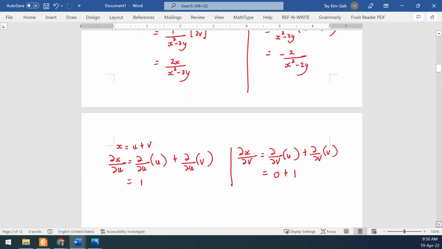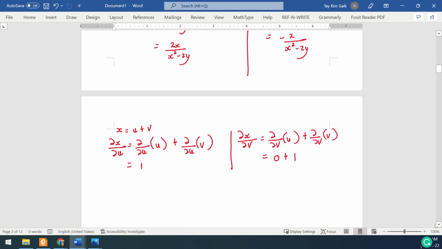Okay, let me do it. Y is exponent v. Del y del u: when you del del u, v is constant. Just remember, when you del del u, v is constant.